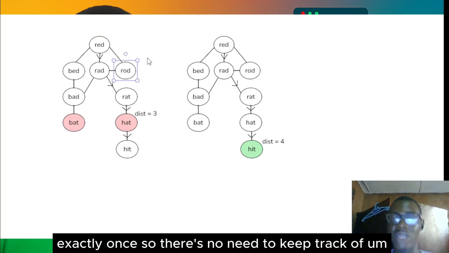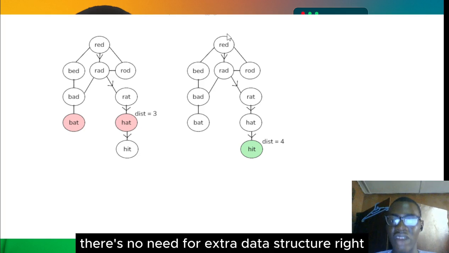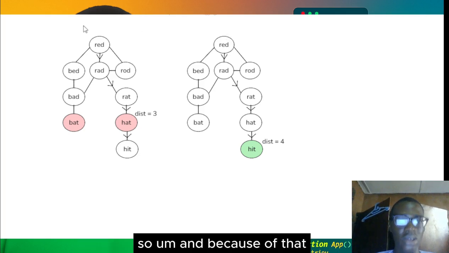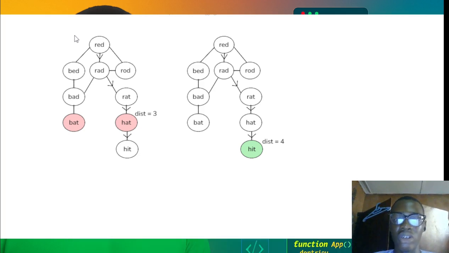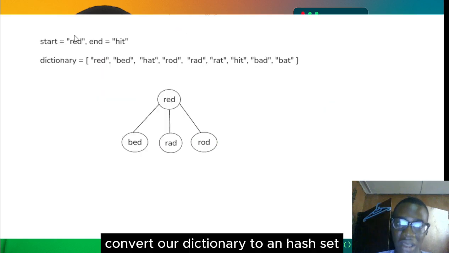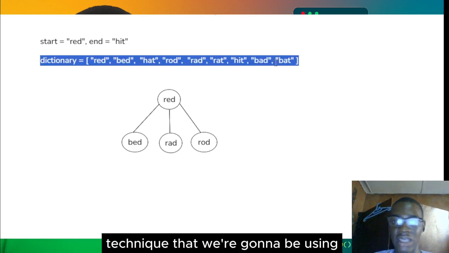So there's no need to keep track of the children in a list. There's no need for extra data structure, right? So and because of that, what we just want to do is that we are gonna convert our dictionary to a hash set. These are optimization tools that we're going to be using, technique that we're going to be using.